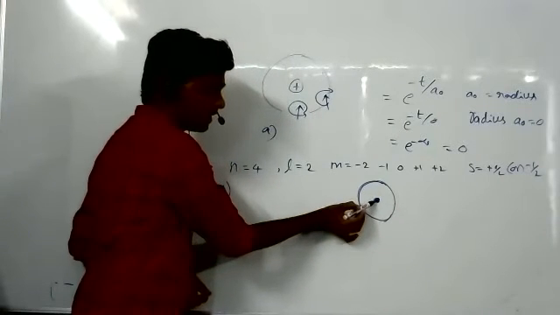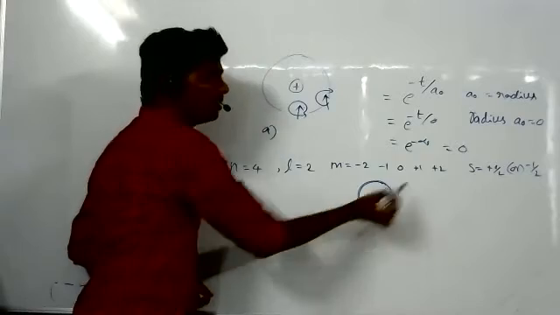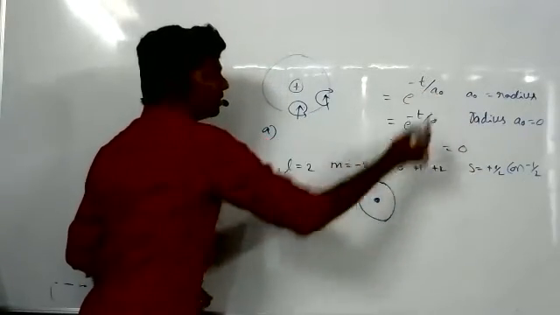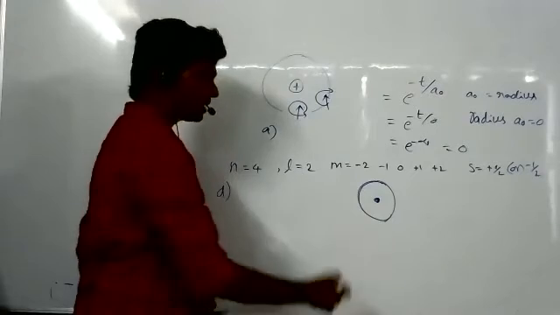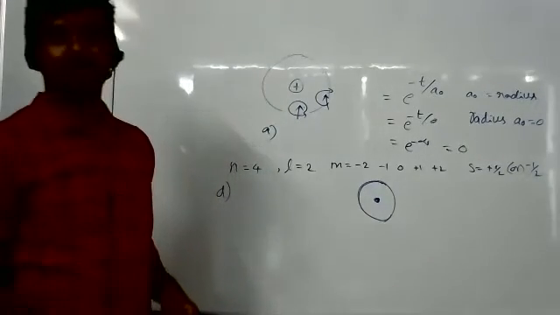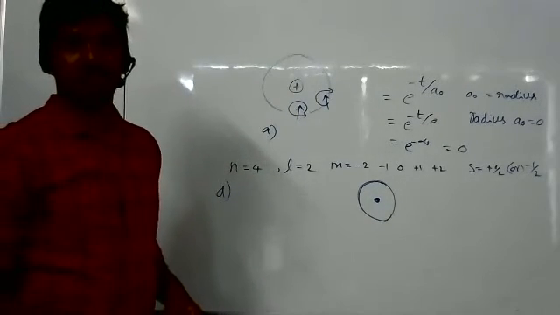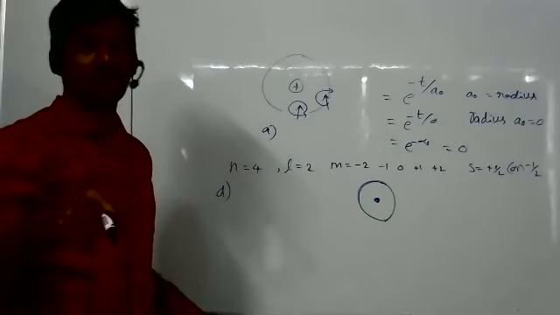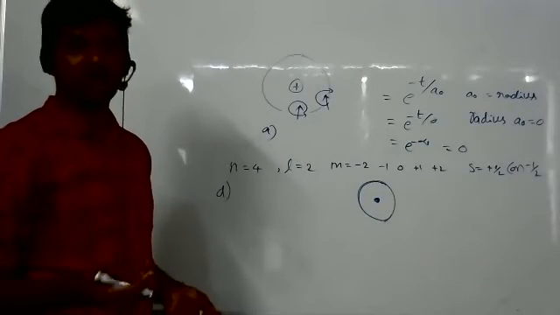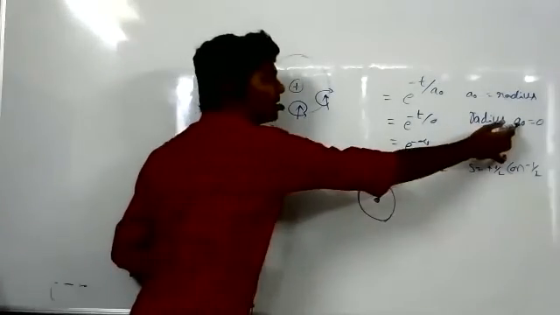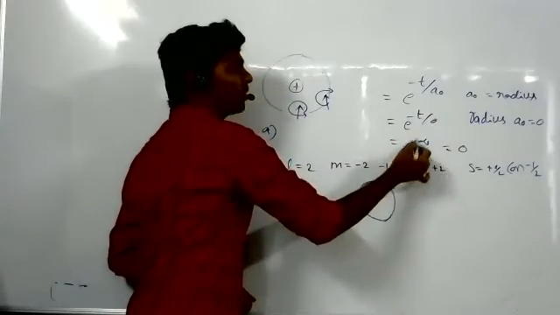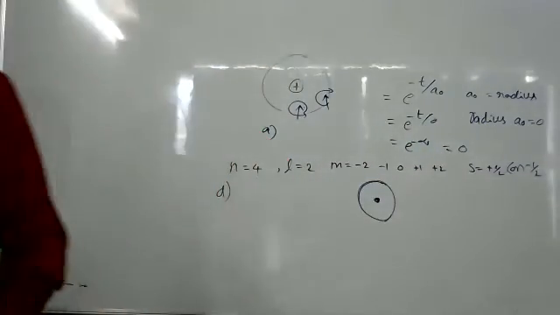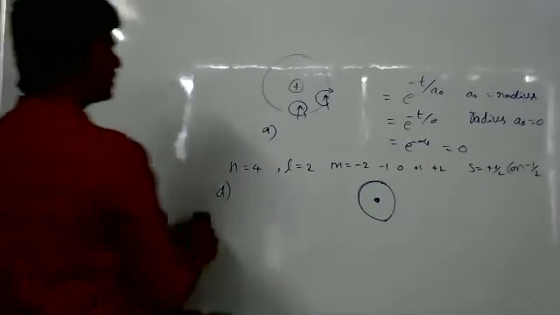If the electron is present here, that means the radius is equal to 0, so a0 becomes 0. The question is the probability of finding the electron in the nucleus. Does the nucleus have any radius? 0. That's why we are taking a0 as 0. We are proving that e power minus infinity is equal to 0. So option D is correct.